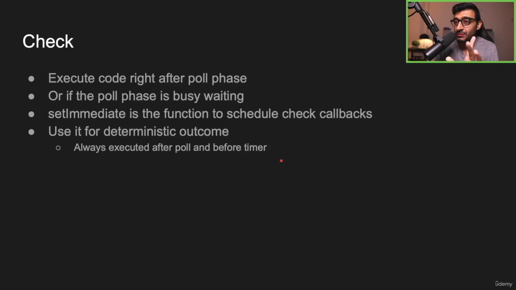And we're going to show how to do that. It's because the check phase exists right after I/O, and knowing that, you can force an I/O and execute a callback right after that. So you know that I'm going to do an I/O and after that my code will execute. It's not going to execute before. And this is how you get predictable output.